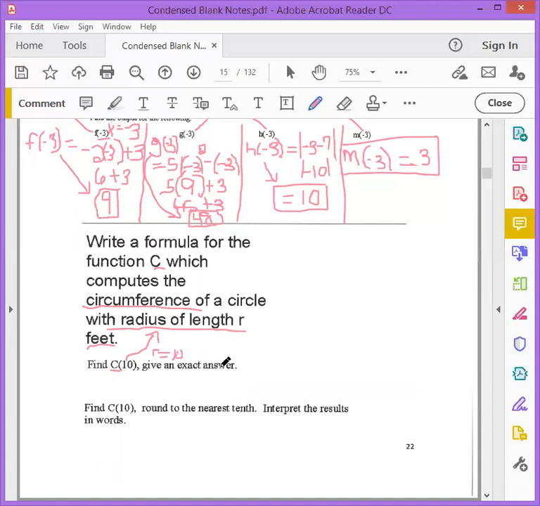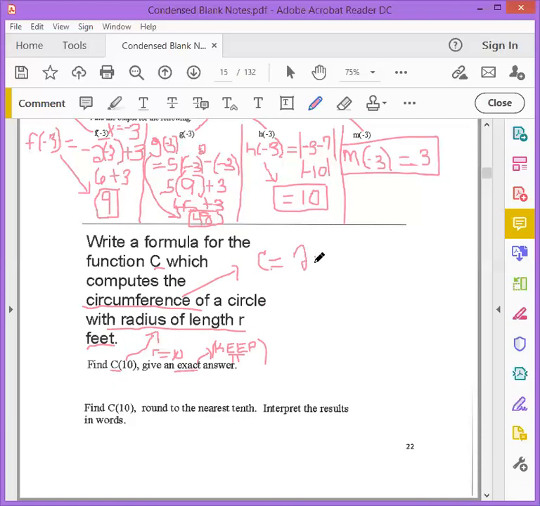Give an exact answer. When we're asked to give an exact answer, that means that we want to keep the pi symbol. We don't want to substitute the estimation of 3.14. We want to keep the pi symbol. Now, what are we keeping the pi symbol for? We have to remember the formula to find circumference, and there are two forms we could use.